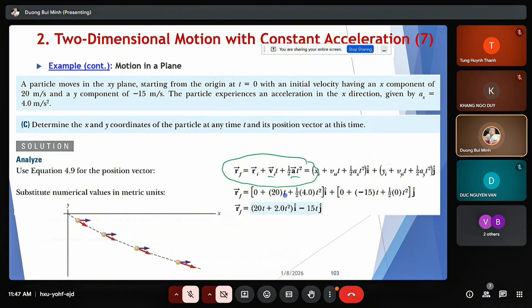We know Ax, and Ay is 0. At the beginning, Ri is 0, that means xi is 0 and yi is 0. So you can get Rf. Any questions so far?